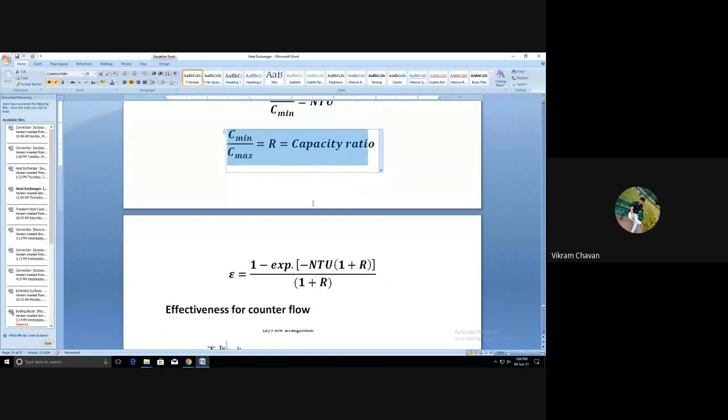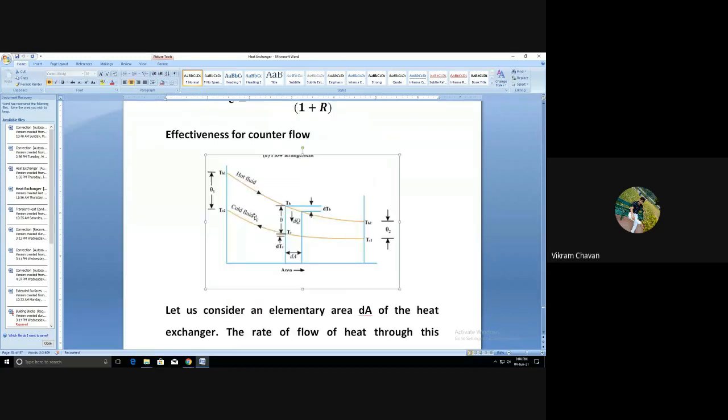So in this lecture we try to understand the effectiveness for the counter flow. As we have discussed for the LMTD method, the counter flow is nothing but the fluids flowing in opposite directions.